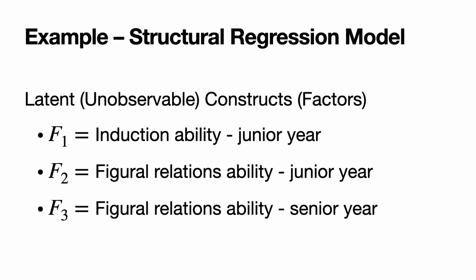We'll denote the first factor by F1, and this represents the induction ability during the junior year. F2 represents the second latent construct, figural relations ability, also during the junior year. And F3 represents the figural relations ability during the senior year.